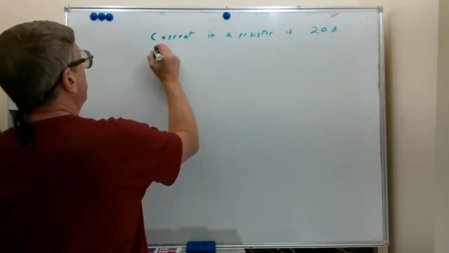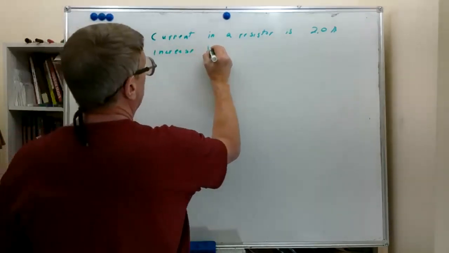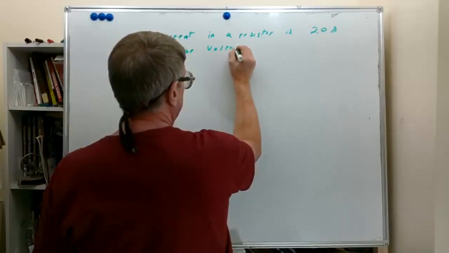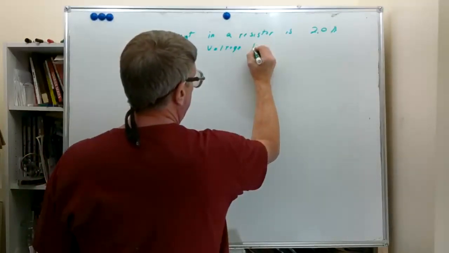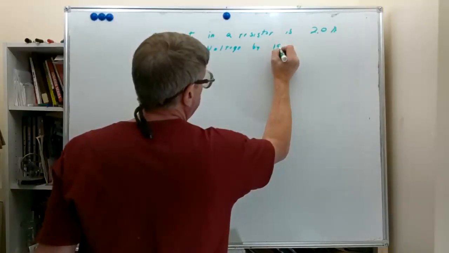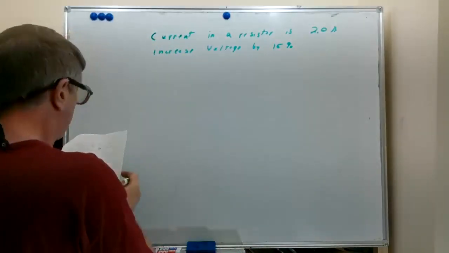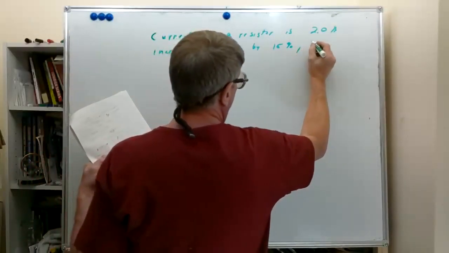If we increase voltage by 15%, current increases by the same percentage.